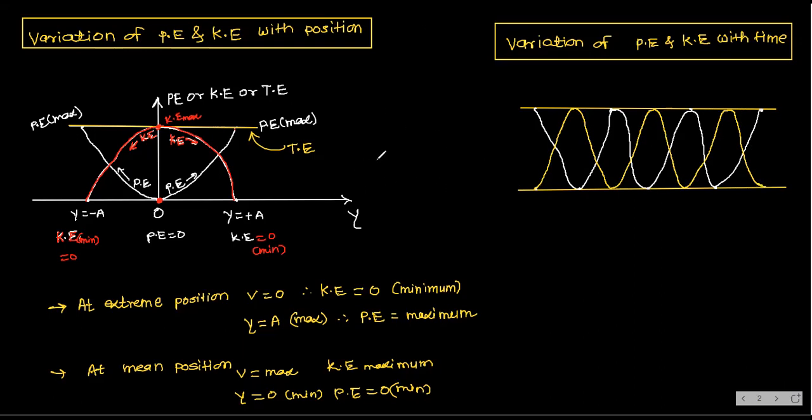So here, this yellow one is there, no? This yellow one is suppose potential energy, and this red one or this white one is kinetic energy. So this white one is kinetic energy, and this yellow one is potential.